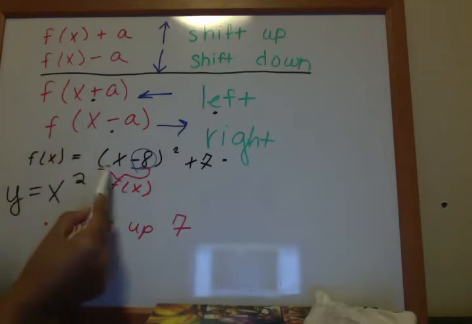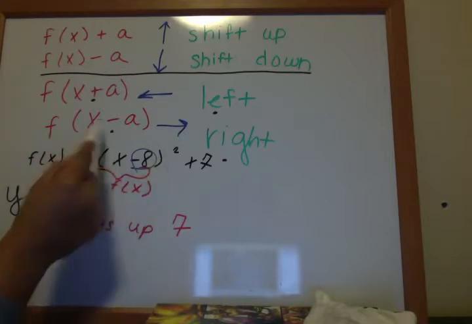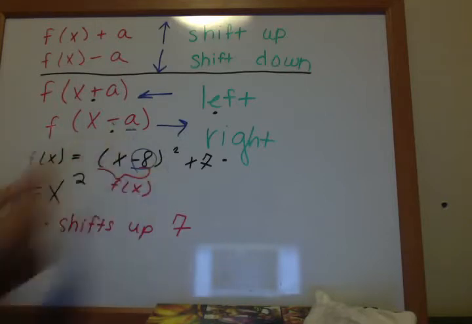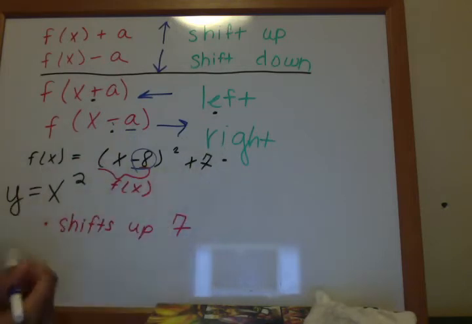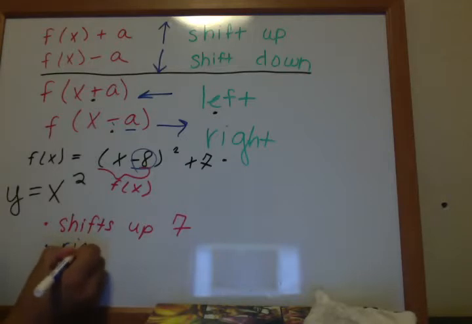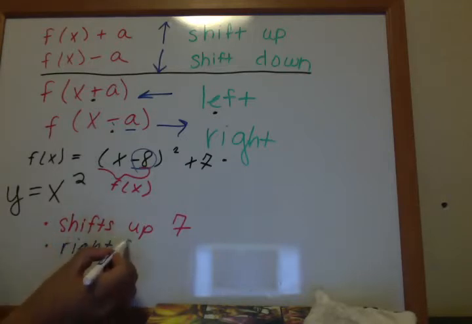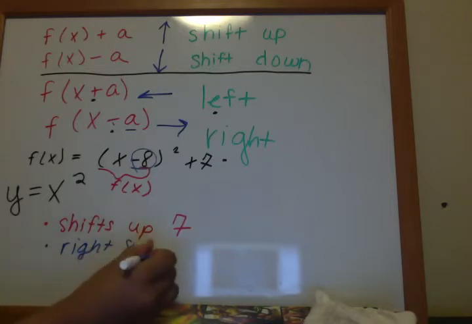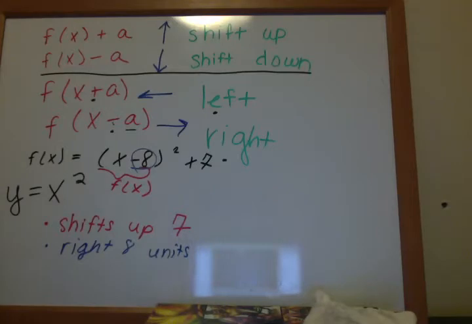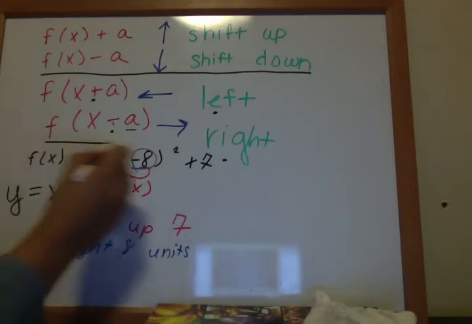So you know there's been some kind of movement of the graph. So the next rule that applies is when you have inside the parentheses a minus any number, it moves to the right. So the next answer is shifts right 8 units.